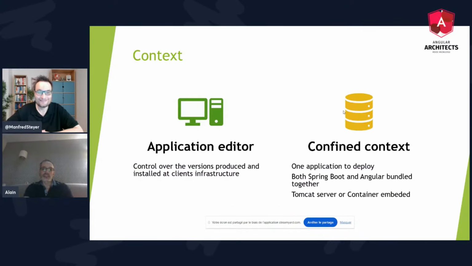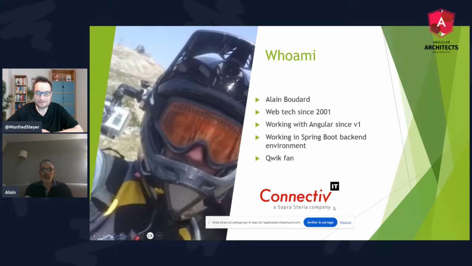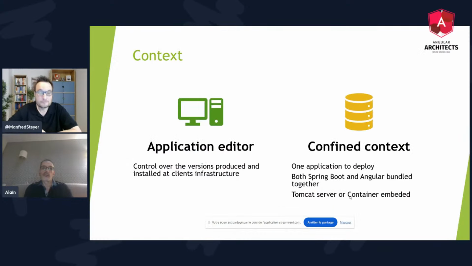So our context, we are a company, Connective IT. It's a small company that's now part of a bigger group, mostly in computer science. And we are an application editor. We are installing applications at the client's infrastructure, and we need to produce controlled versions in a specific context.